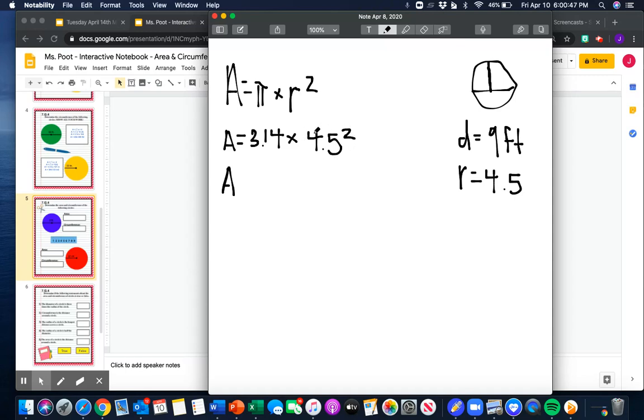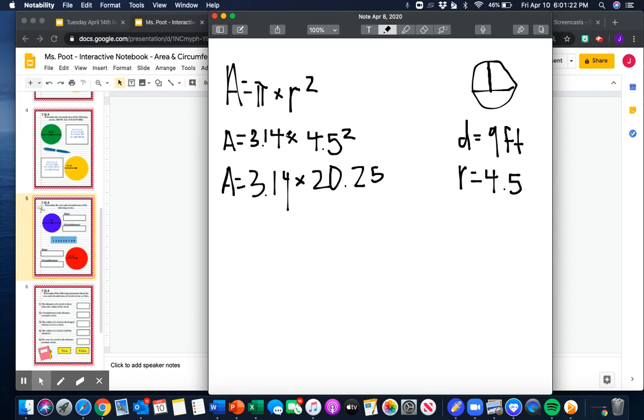I have it right here. This is an exponent. So I'm going to take my 4.5 and multiply it by 4.5. Now what I get is 20.25. Now I'm just going to copy everything else. There it is. Now I just have two numbers to multiply.